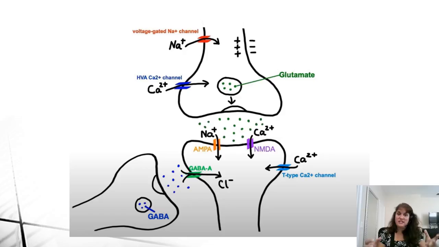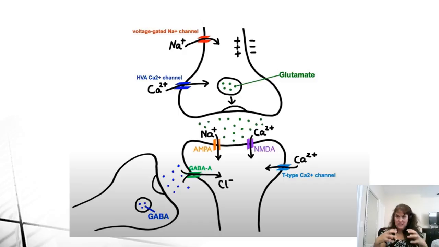And this combination of sodium influx and calcium influx causes glutamate to be released from the vesicles and move into the synaptic cleft. And you can see in this demonstration, it's signified by these green dots, okay?